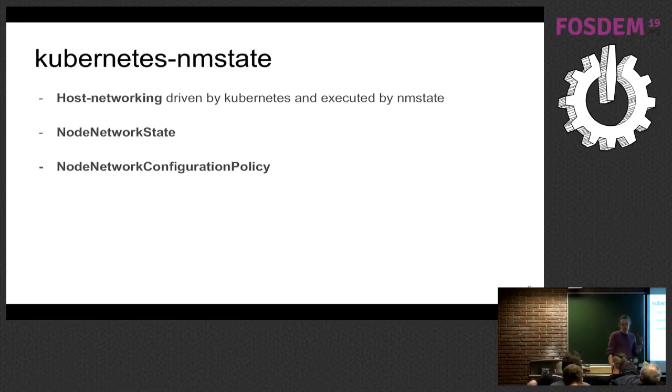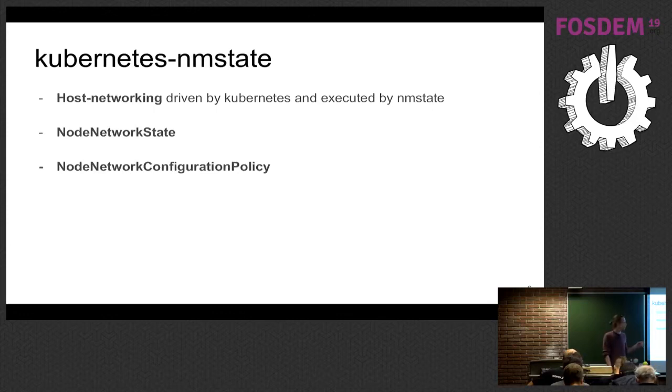It is a tool for host networking driven by Kubernetes and configured by NMState, meaning you use your kubectl to control your Kubernetes pods, manage nodes, and with this add-on you can also configure networking just using kubectl without accessing those nodes explicitly. And Kubernetes NMState introduces two new objects to Kubernetes. The first one is called node network state, which reflects the state of networking on a single node.